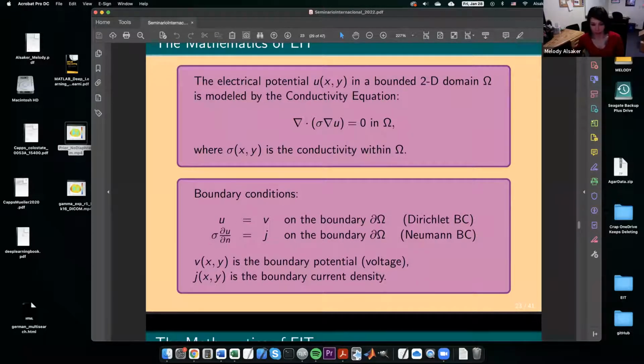And we can add boundary conditions corresponding to the known boundary voltages and the known boundary current densities. The boundary voltages correspond to what's called a Dirichlet boundary condition. These are terms from PDE theory. And the boundary current densities correspond to what's called a Neumann boundary condition, because we know the derivative of the function U on the boundary.